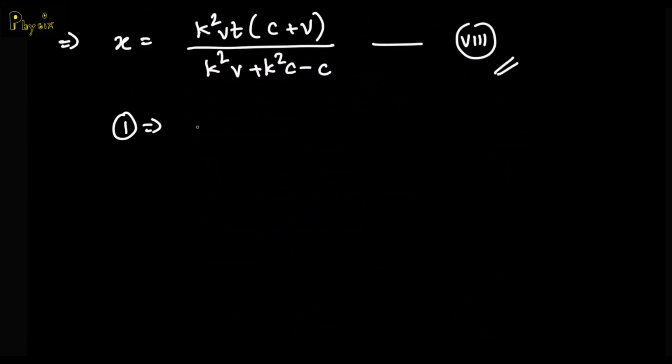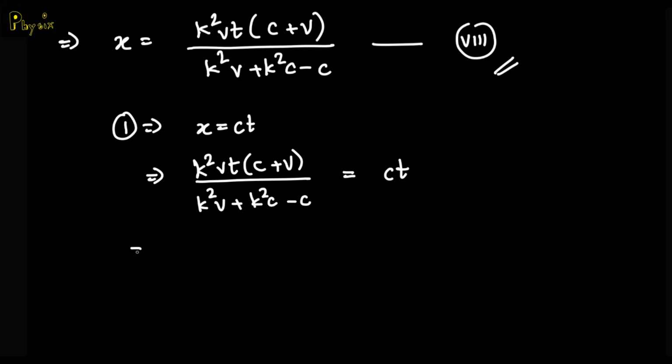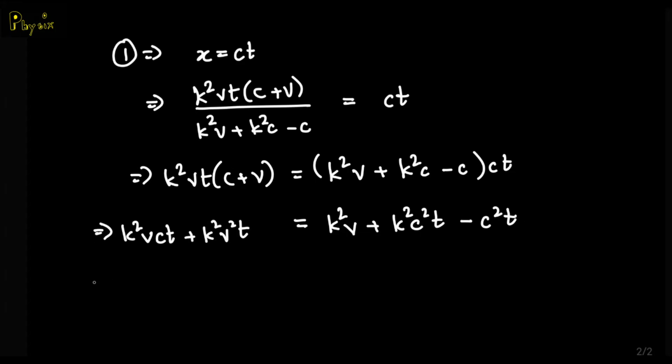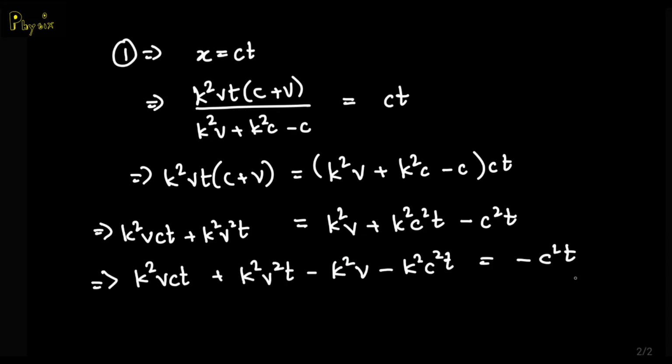So equation 1 says that x is equal to ct, and now if we back substitute the value of x over here, then we get that, using further algebra, we can say that this is, now this equation is achieved by taking all the terms that have k squared in them to the left side.